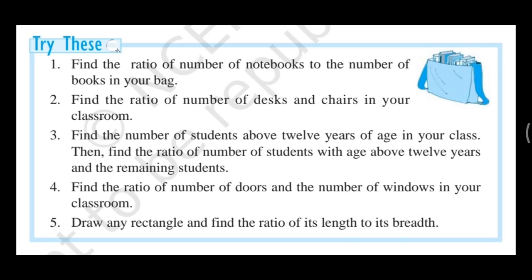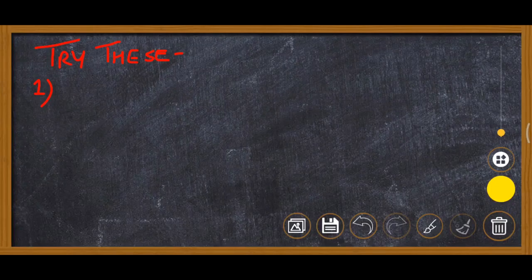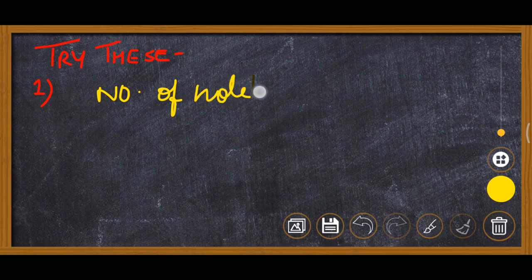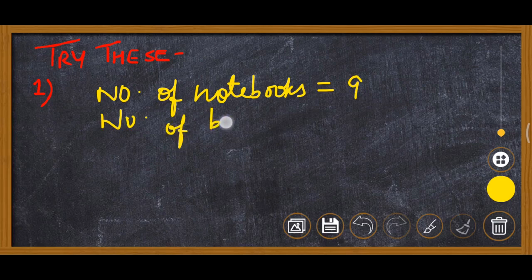Now let's do the solution of question number 1. Here we have taken the number of notebooks in our bag as 9 notebooks, and the number of books in the bag is 6.